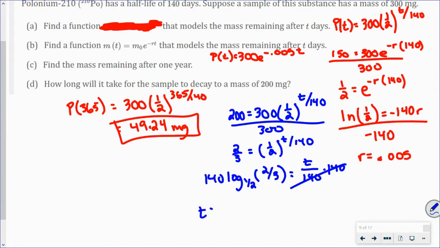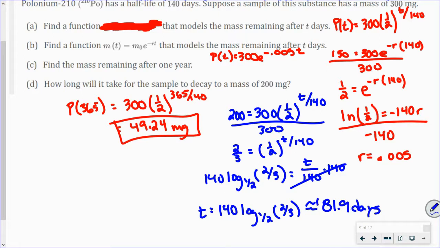So time equals 140 log base a half of 2/3, which is about 81.9, and my label is in days.